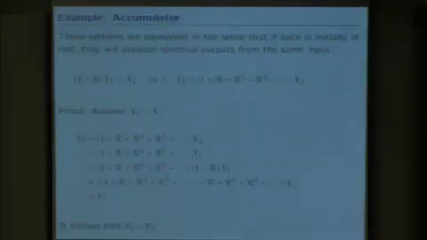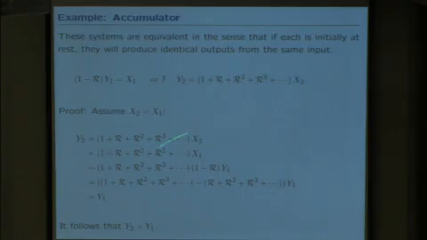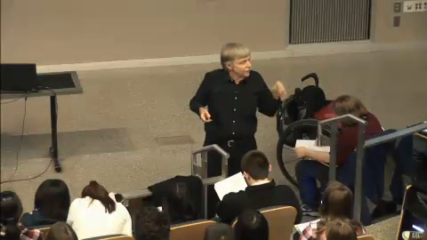Those two systems are equivalent, and that's proved here. All you do is you say, OK, y2 has some relationship to r1. y2 depends on x2 this way. If x2 is the same as x1, I can substitute it. But x1, according to this rule, looks like 1 minus r y1. When you multiply out this mess, you get y1. What I just showed is that if x1 is equal to x2, then y1 is equal to y2. Those two systems are the same.